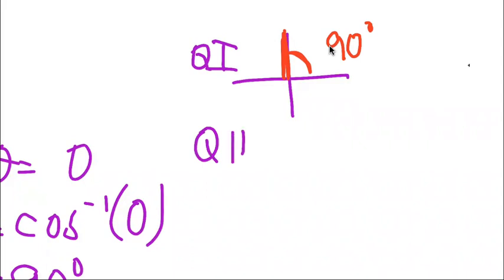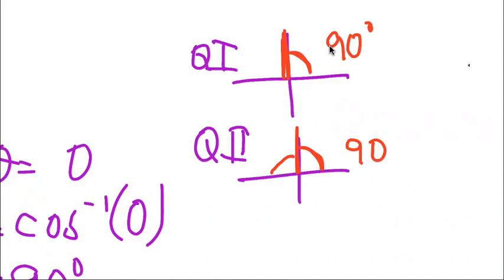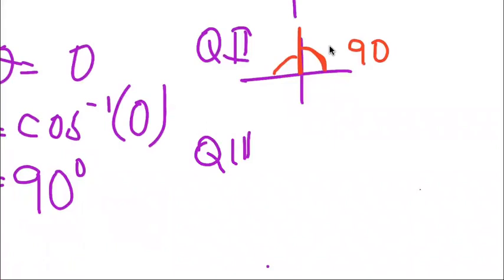In quadrant 2, my reference angle of 90 degrees, back this way, would be right here. My rotation angle, again, 90 degrees. In quadrant 3, my reference angle of 90 degrees would be right here.